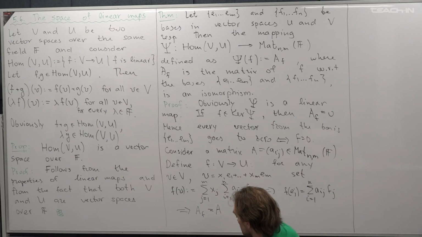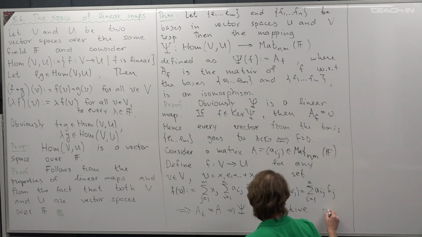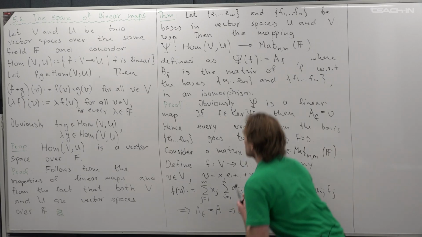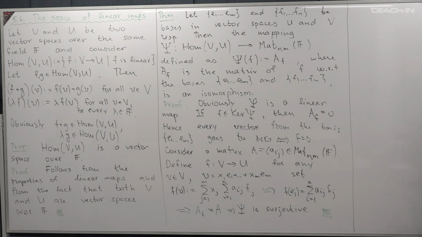This is exactly the matrix A. That's why psi is surjective. And this proves that psi defines an isomorphism between these two vector spaces.